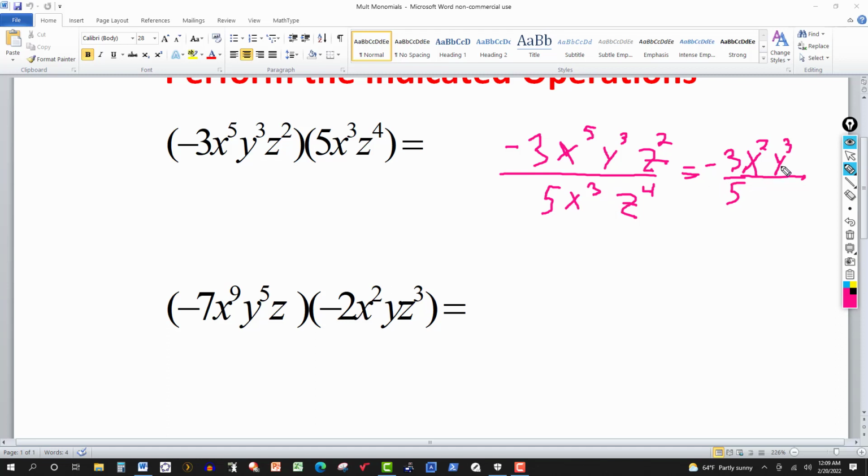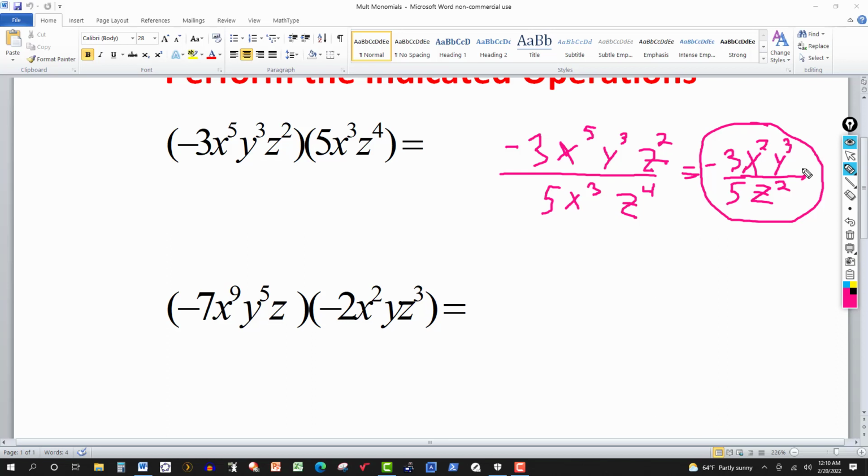So instead of leaving z to the -2 in the numerator, remember, if you have a negative exponent, switch it to the denominator. So instead of z to the -2 in the numerator, I put z to the +2 in the denominator.